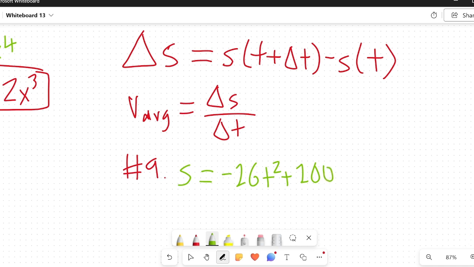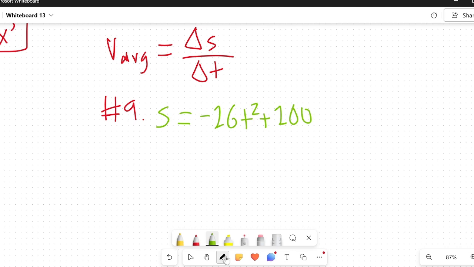So negative 16t squared will be gravity, and we start at a height of 100 meters, like so. The question is, what would our function for velocity be?